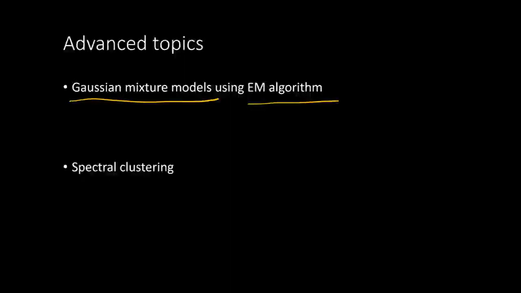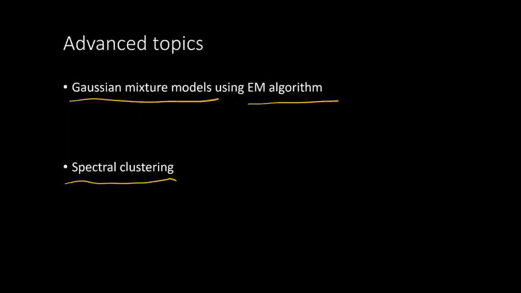So that we will cover later, but I do encourage you to look at another type of clustering, advanced clustering techniques rather, it's a set of techniques which is called spectral clustering.